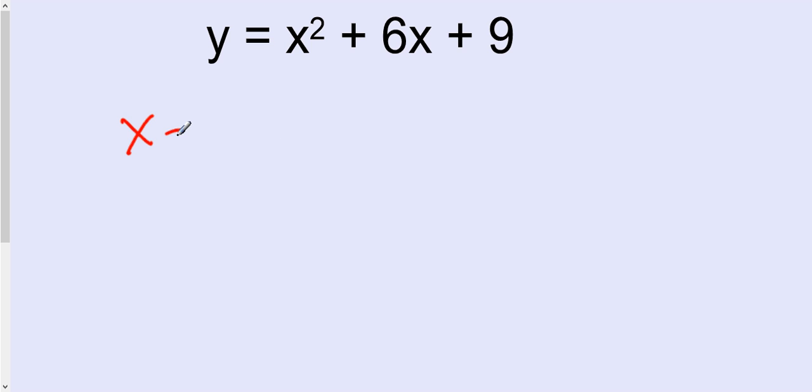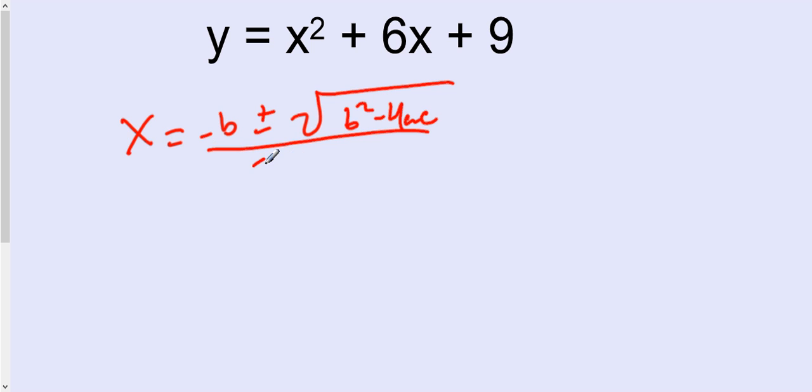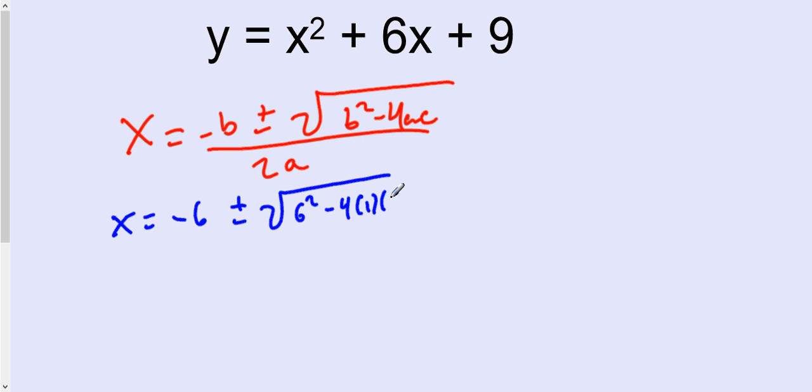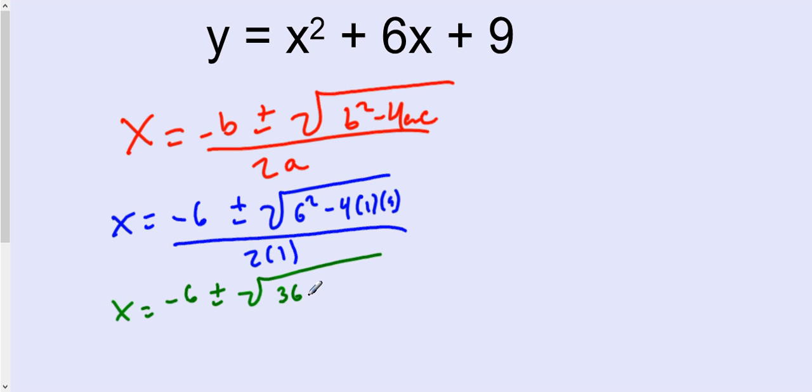So we have x is equal to negative b plus or minus the square root of b squared minus 4ac all over 2a. We plug in, we get negative 6 plus or minus the square root of 6 squared minus 4 times 1 times 9 all over 2 times 1. We get x is equal to negative 6 plus or minus the square root of 36 minus 36 all over 2.